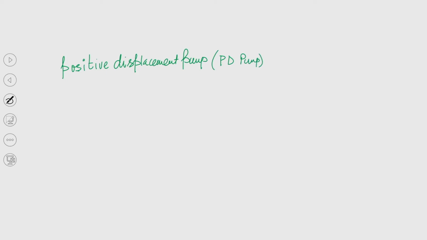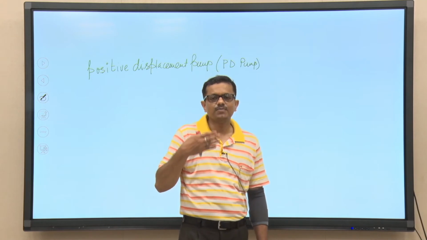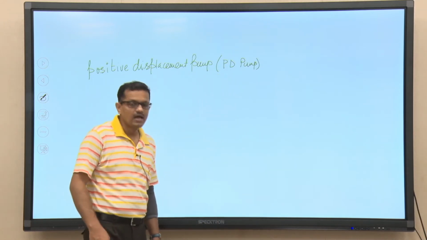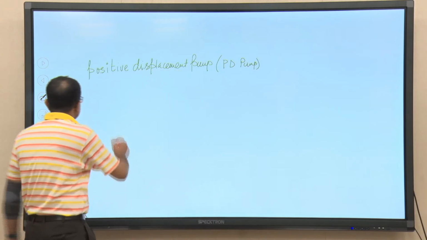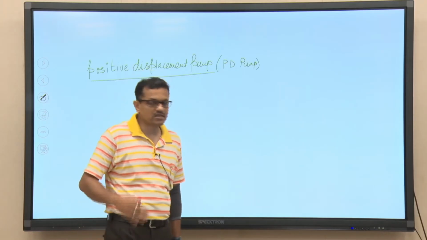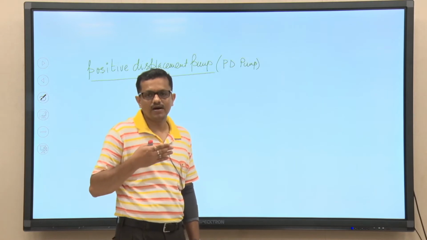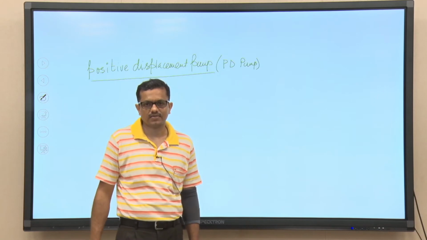And probably we have discussed the working principle of the PD pump when we had the discussion about pump classification. So, just to recapitulate, a little bit of recapitulation will help us understand the working principle again. The functioning of the positive displacement pump depends on the change of certain fluid volume within the machine, right.